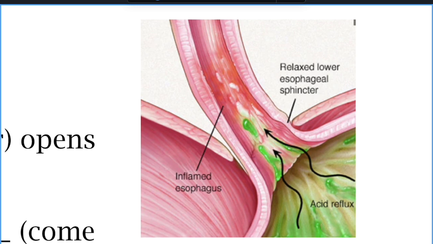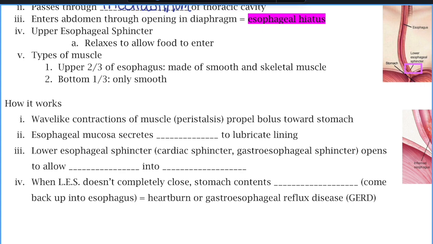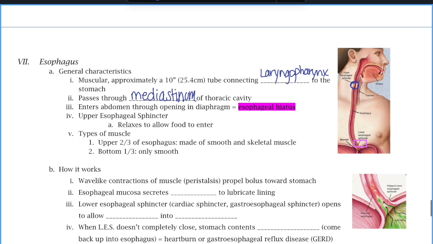The acid comes back up, and that's when you feel that heartburn, you feel the pain, okay? That's why our Tums are basic, to help neutralize the acidic environment from the stomach, okay? So, we need to combat those things, and our doorway at the bottom helps us do that, okay? We need to take care of ourselves.